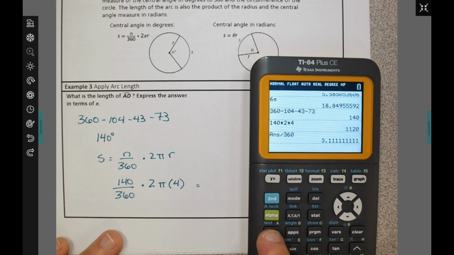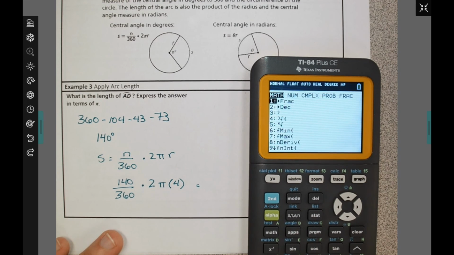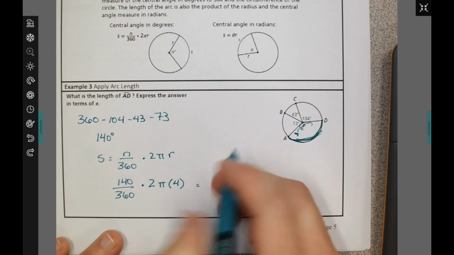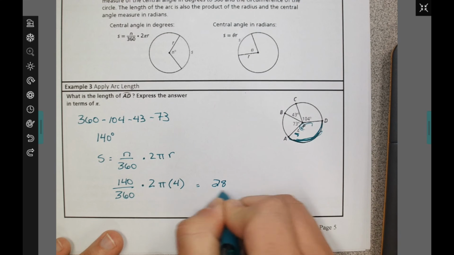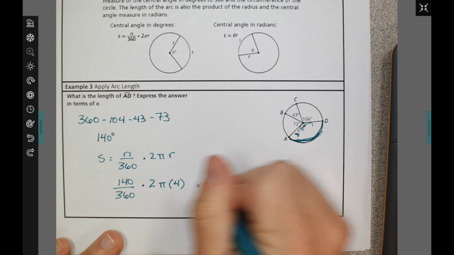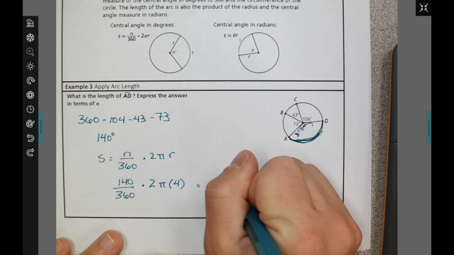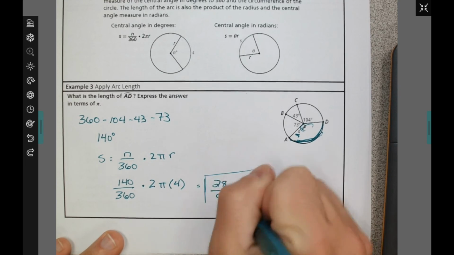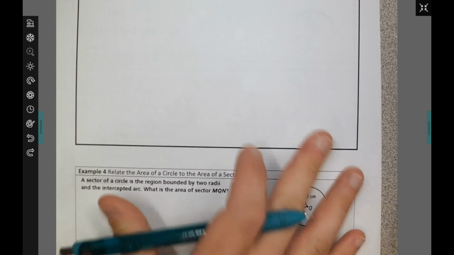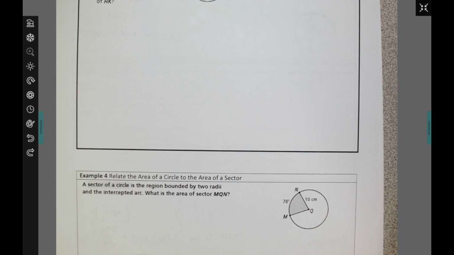So to get that fraction, I'm going to hit math, frac, enter. And it gives me a fraction of 28/9. So our answer for that arc length is going to be 28/9 pi. And then you can go ahead and attempt to try it on your own.